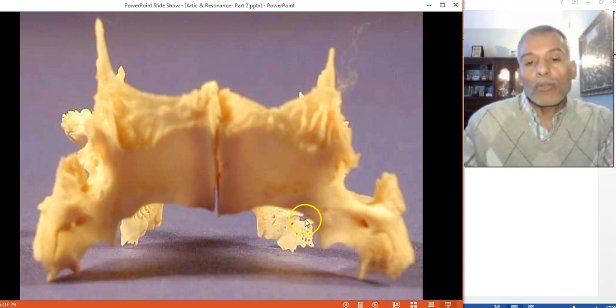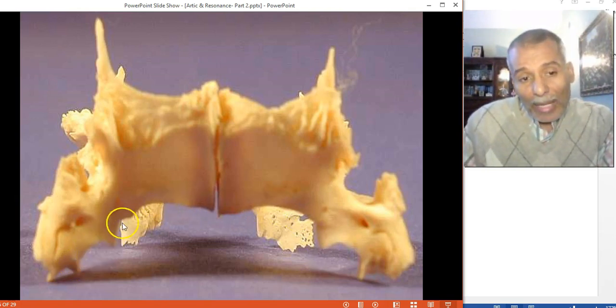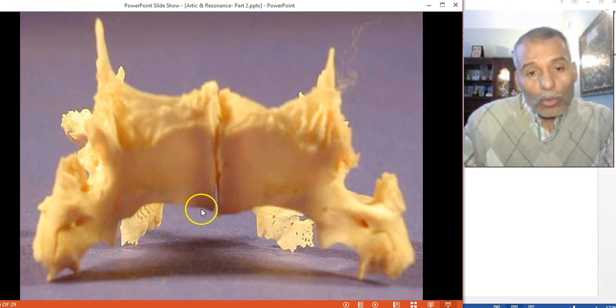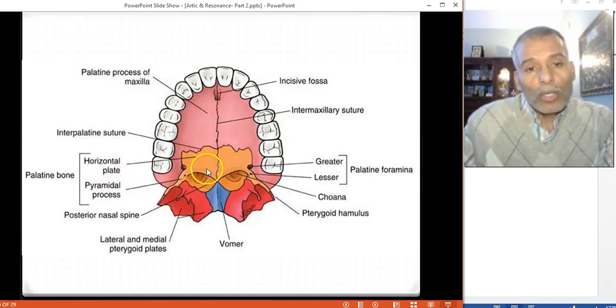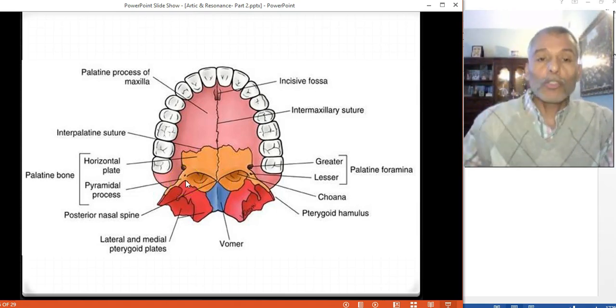The palatal aponeurosis is basically some kind of tendon that inserts onto the posterior margins of the horizontal plates of the palatine bone. And to that palatal aponeurosis, you are going to have the soft palate, or velum, muscles attaching, inserting on it.